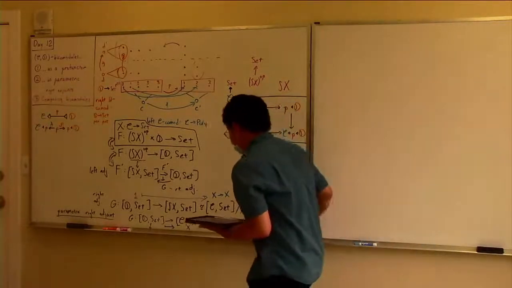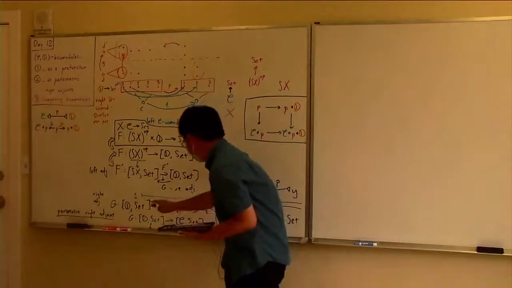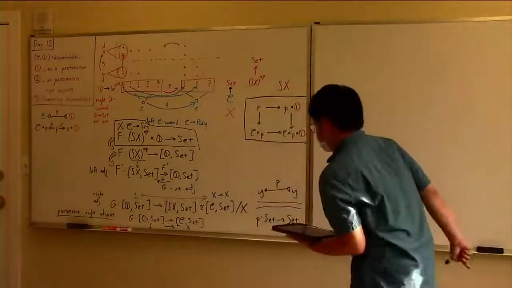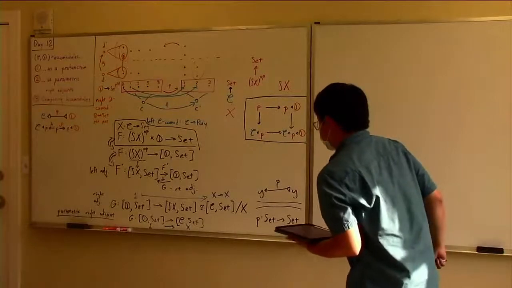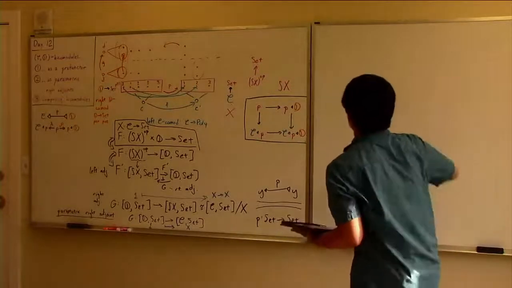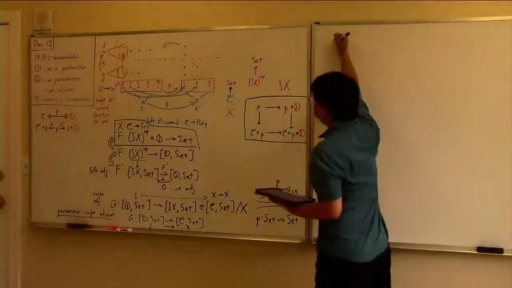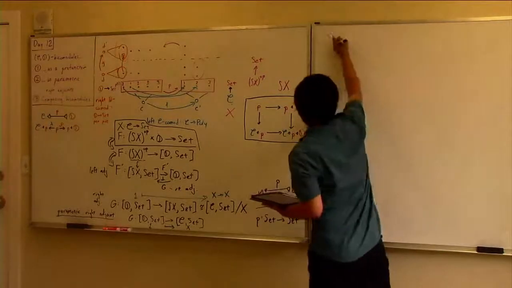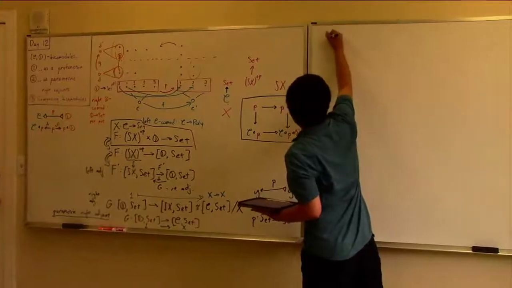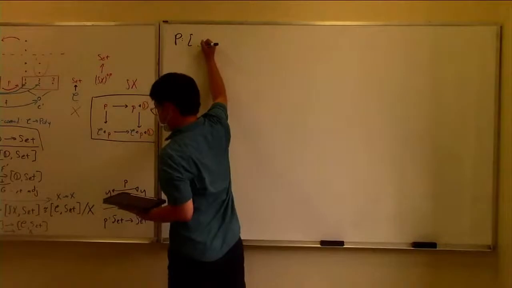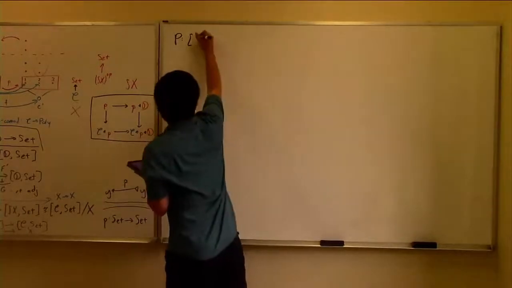Because if we think about D and C here as discrete categories, what we get is, let me write it up here. Can we still see here? Hopefully. Yeah, great.